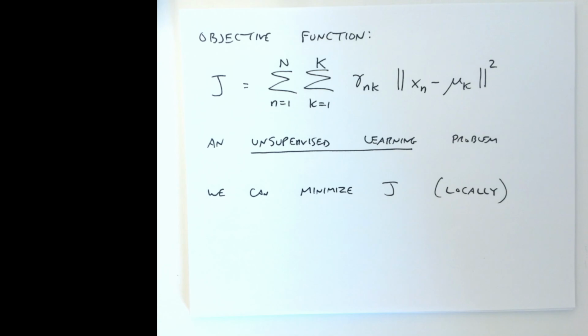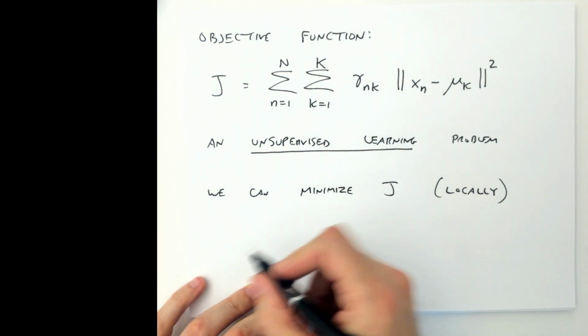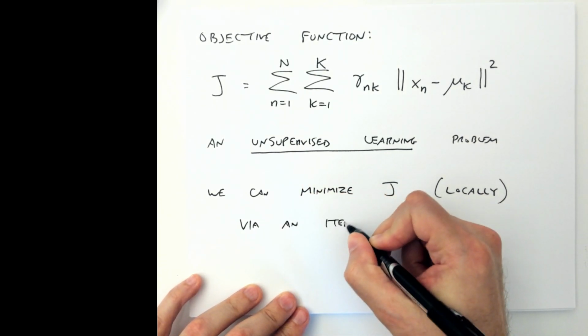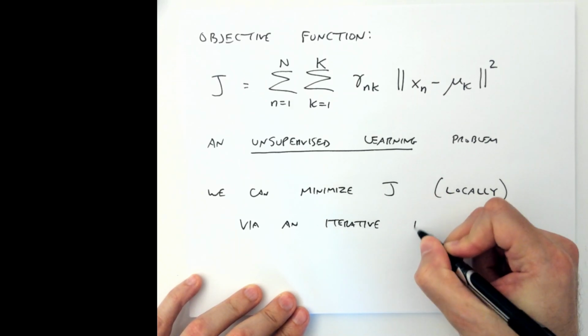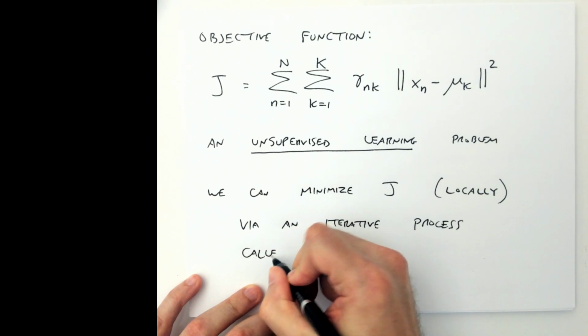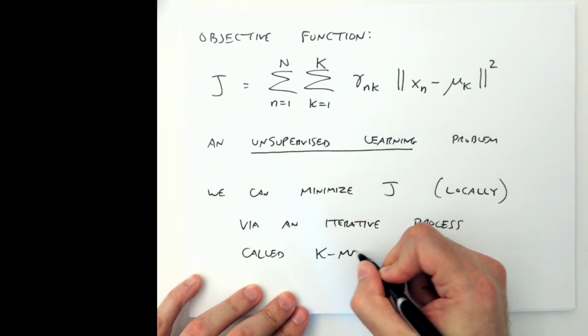But there's no guarantee that we'll get the best clustering. In practice, you cluster a bunch of times from different random initializations and find the one that works best. So we can do a local minimization via an iterative process called k-means clustering.